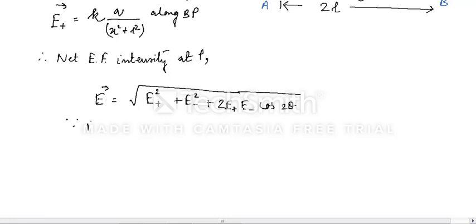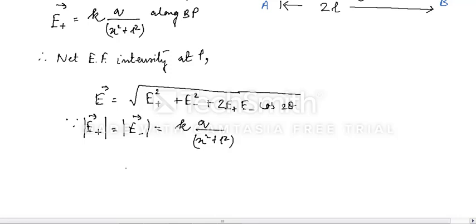Since the magnitude of E plus is equal to the magnitude of E minus, that is equal to kq by x square plus L square.